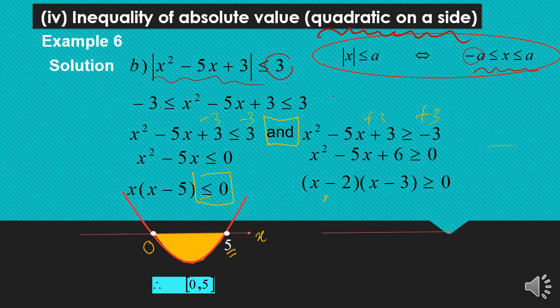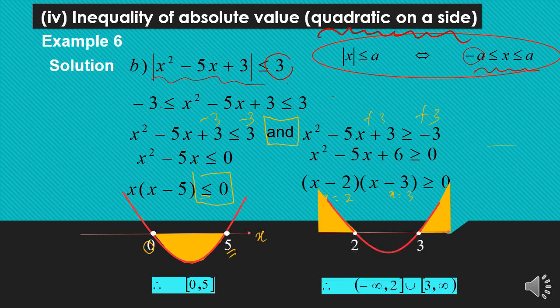So we have roots x equal to 2, x equal to 3. This is a smiley function, so sketch the graph with roots of 2 and 3. What we want is the graph more than 0, positive, so above the x-axis. So the answer is from negative infinity to 2 inclusively, union with 3 inclusively to infinity.